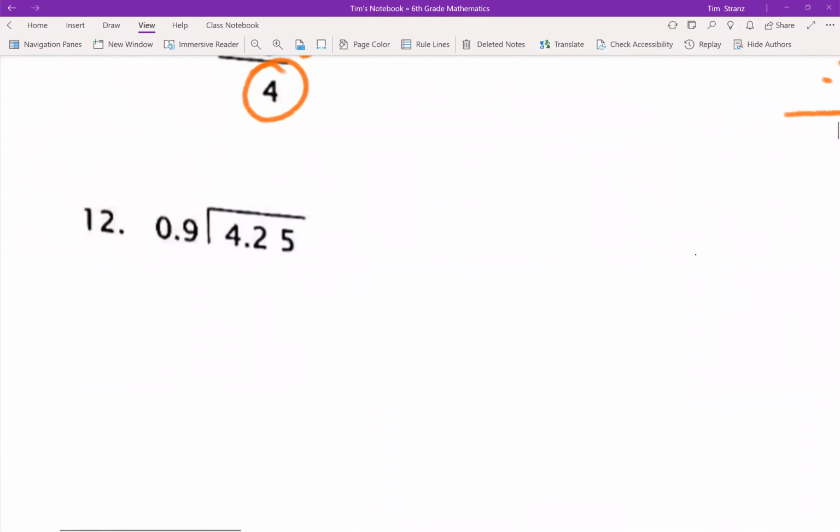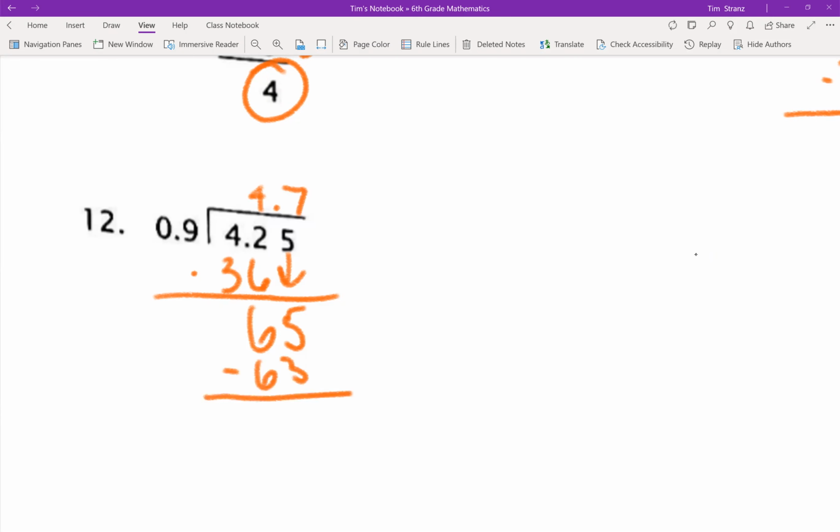And then number 12, just move my decimal 1 spot. So it goes right there. 9 goes into 42 4 times, since 9 times 4 is 36. Then it's going to be 6. Bring down my 5. 9 times 6 is 54. 9 times 7, though, is 63. 9 goes into 20 twice.